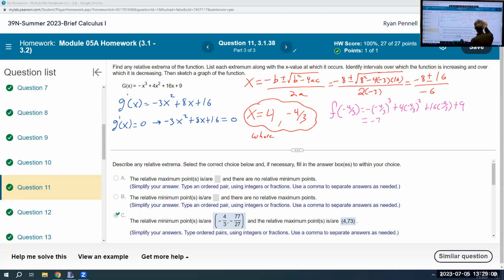I got -77/27. And then f of 4 is -4 cubed plus 4 times 4 squared plus 16 times 4 plus 9, which is 73.